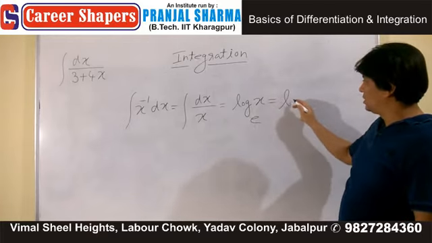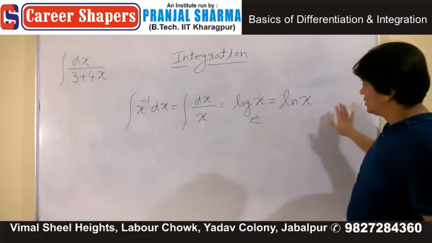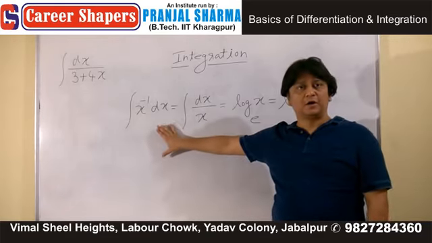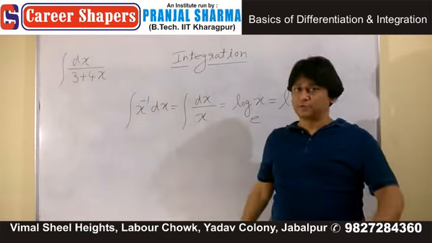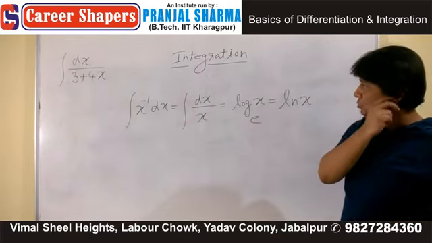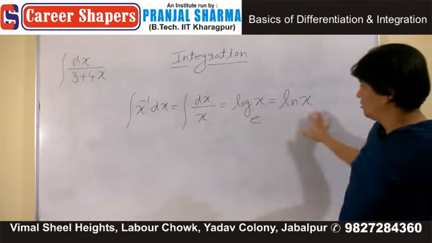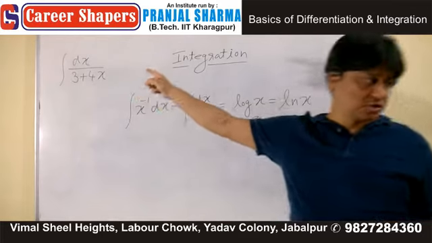In short, ln x. This is the standard part which I hope you know. If you do not, write down this, and I again give you 30 seconds to answer that part. Note down this and then answer that question.